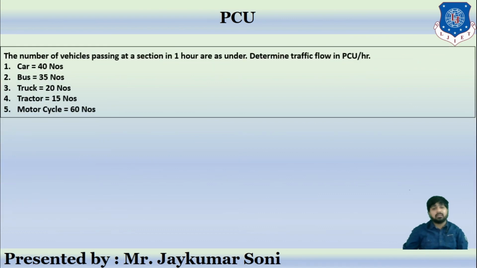Let us understand the concept of PCU with the help of an example. The statement is that the number of vehicles passing a section in 1 hour is given as under. Determine the traffic flow in PCU per hour. See, 40 cars are there, 35 buses, 20 trucks, 15 tractors, 60 motorcycles.